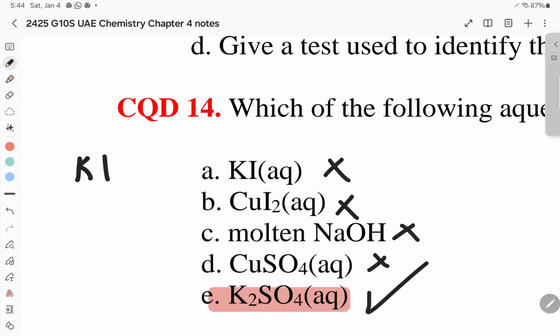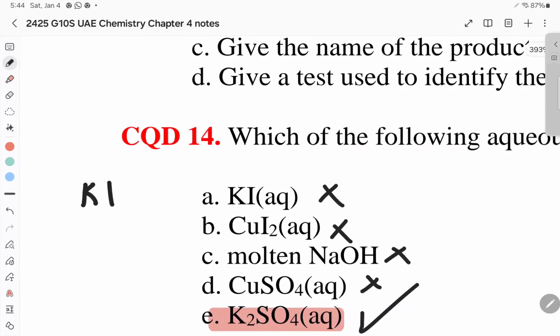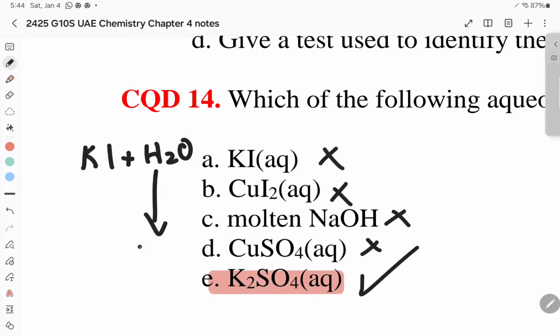These are aqueous solutions, so they're all reacting with water, H2O. So K is, sorry guys, K is lower on the scale, it has the least tendency to get reduced compared to H. So between the K and the H, the H is going to get reduced and form hydrogen gas, H2.